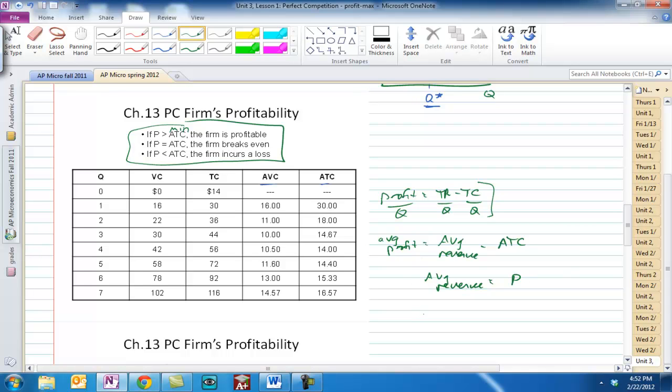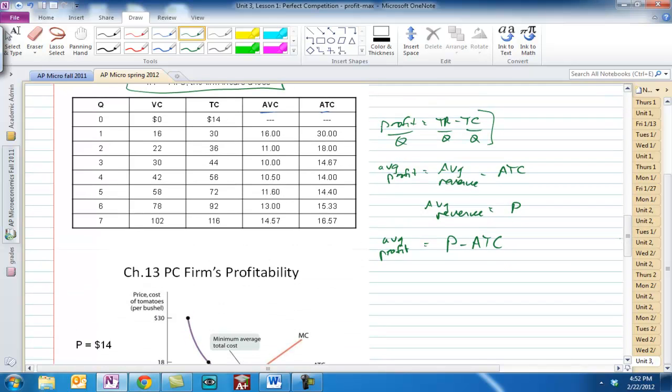So the average profit is equal to P minus ATC. Therefore, if P is greater than ATC, then profit is positive. If price is equal to ATC, profit is 0. And if price is less than ATC, profit is negative.